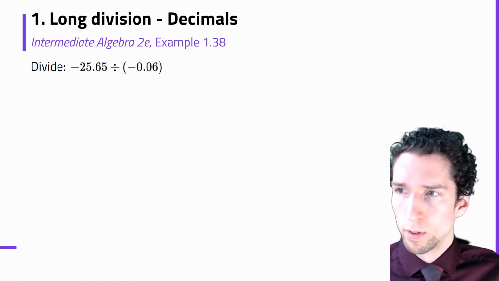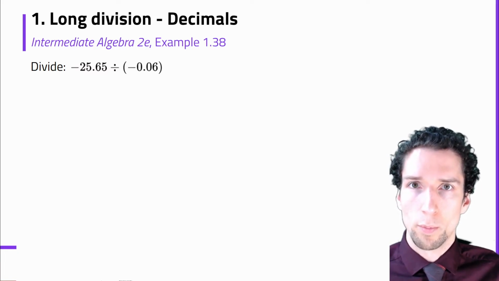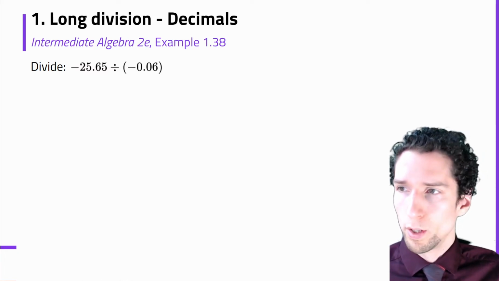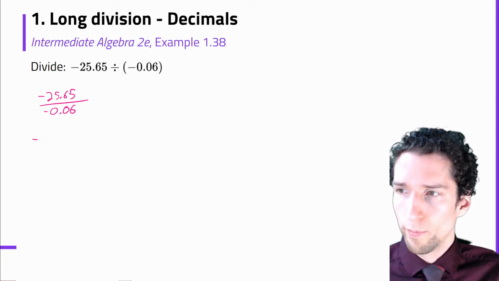So this is negative 25.65 divided by negative 0.06. So that is negative 25.65 over negative 0.06. Okay, so obviously the negatives on the top and bottom are just going to cancel each other out.